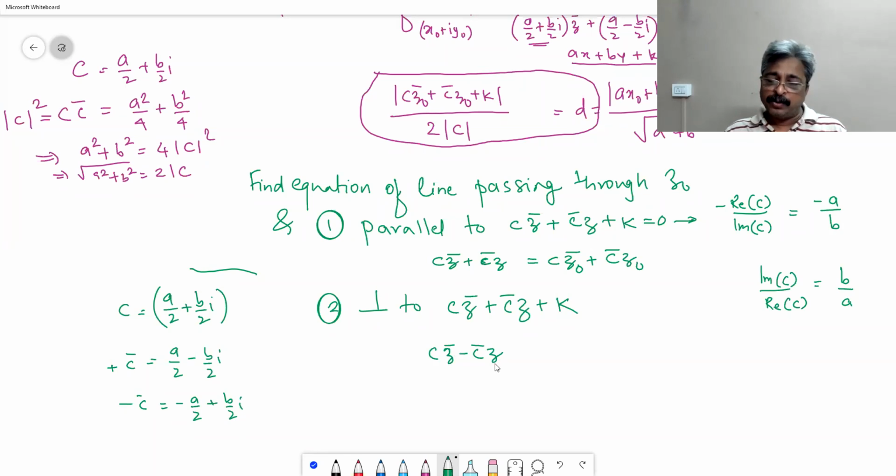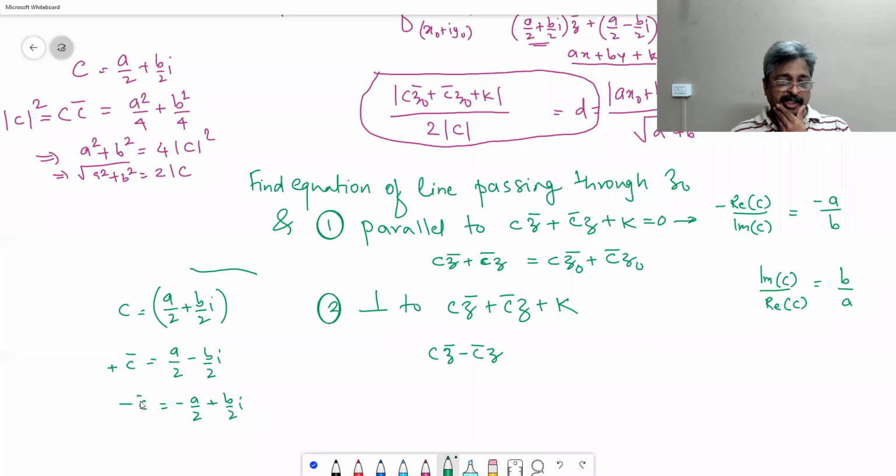Now if I have to convert this equation into the standard looking form like c z bar plus c bar z, this is not looking standard. So if I want to convert this into a standard looking form, then what should I do?